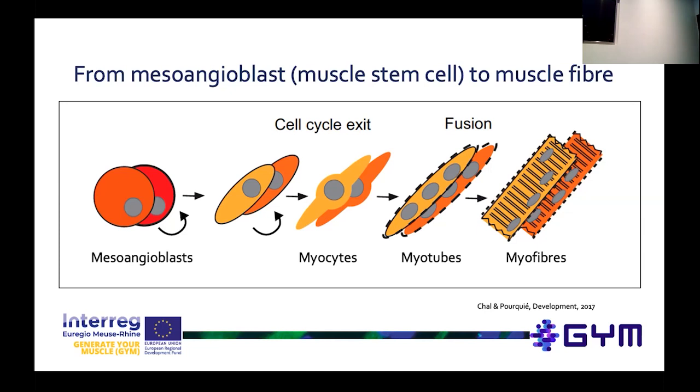So if you bring them in, they can fuse with the existing fibers, and that means that their content is released in the muscle fibers themselves. So they share the content. You bring a new nucleus into an existing myofiber which has the genetic defect, and it can produce that protein. So it can also repair existing fibers.